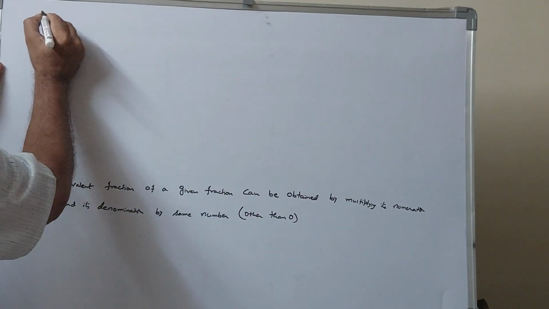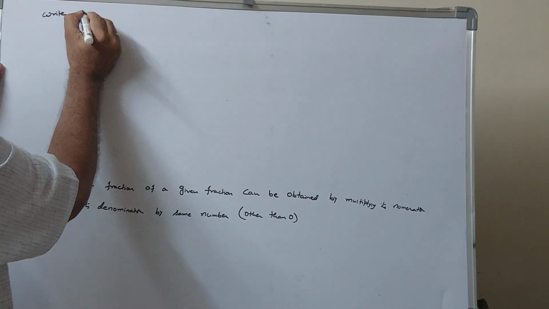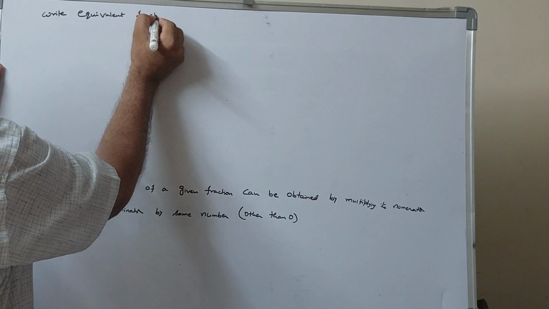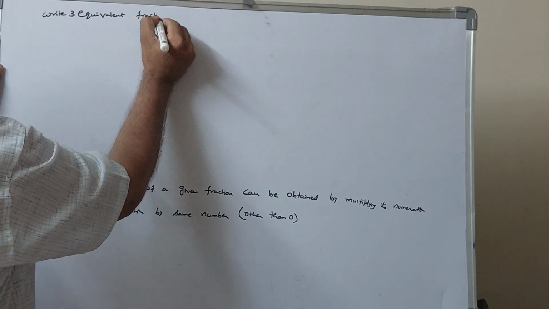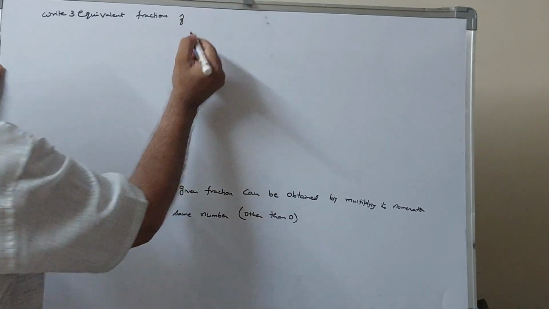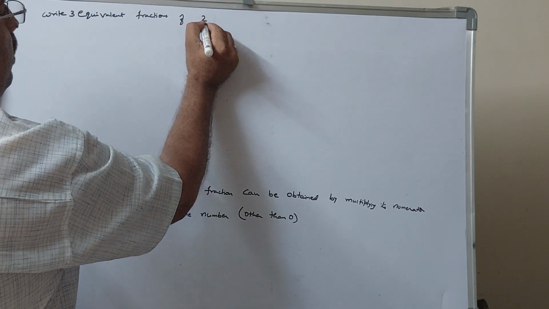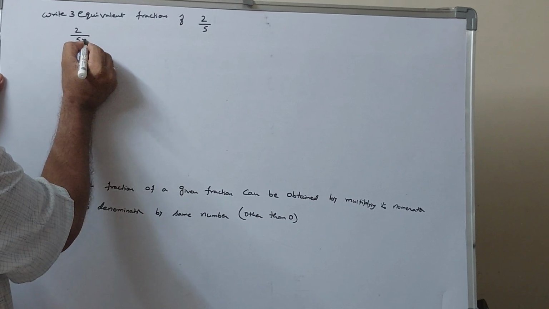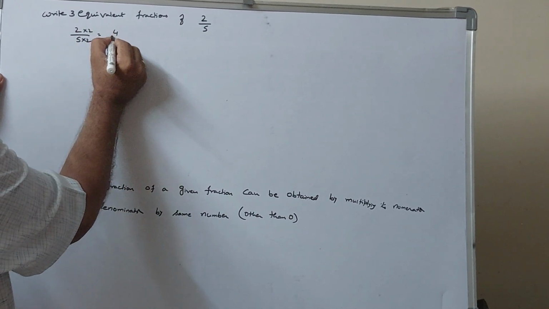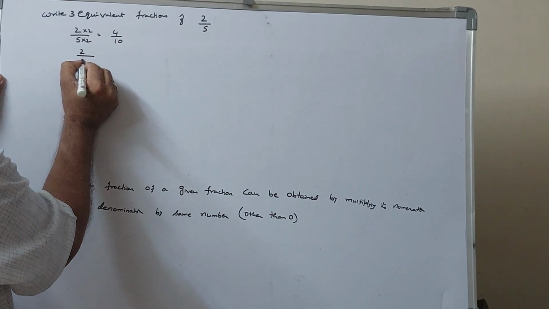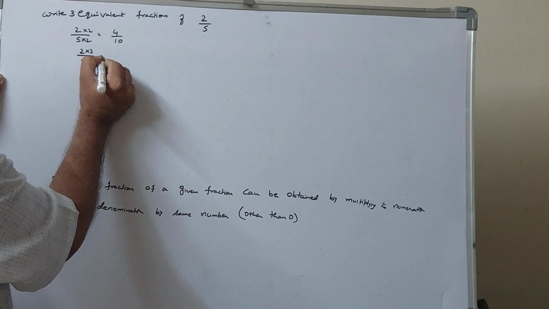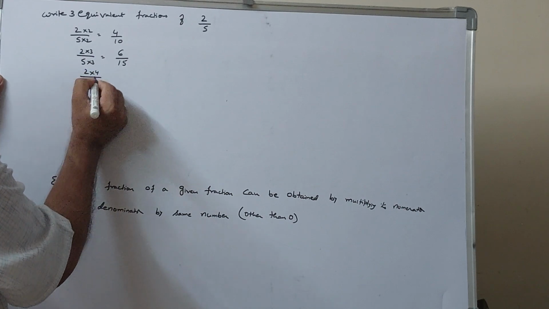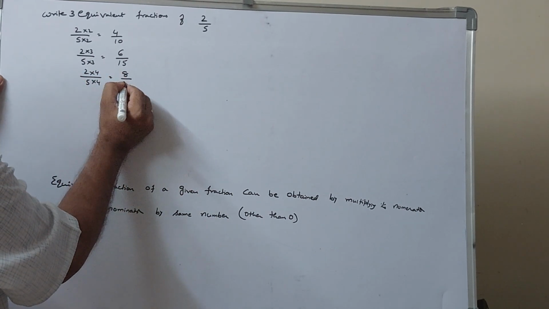If they ask you a question like this, write 3 equivalent fractions of 2 by 5, how will you write it? 2 by 5 into 2 into 2 is equal to 4 by 10. 2 by 5 into 3 into 3: 2 threes are 6 by 5 threes are 15. 2 by 5 into 4 into 4 is equal to 8 by 20.